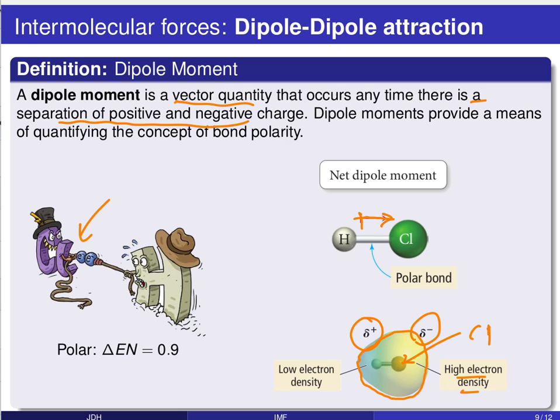What these dipole moments do is give us a way to mathematically quantify the concept of bond polarity, because we can talk about the direction in which the asymmetry in the electron density is shifted, and we can talk about the magnitude of the shift. How big that dipole moment is depends on how big the difference in electronegativity is between the two elements.